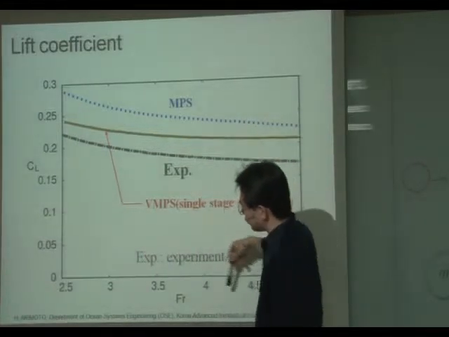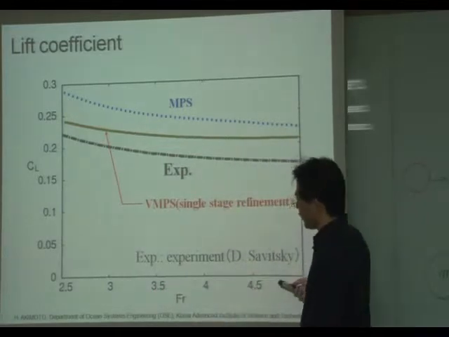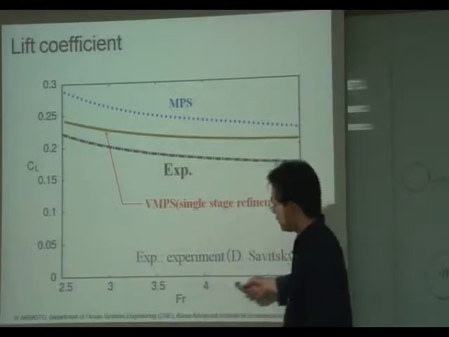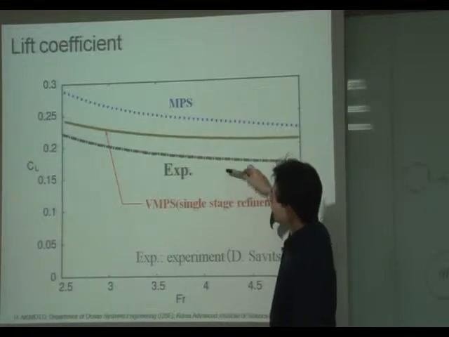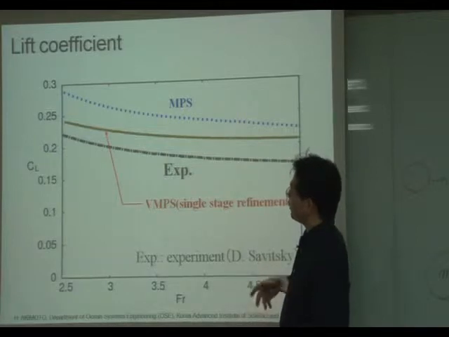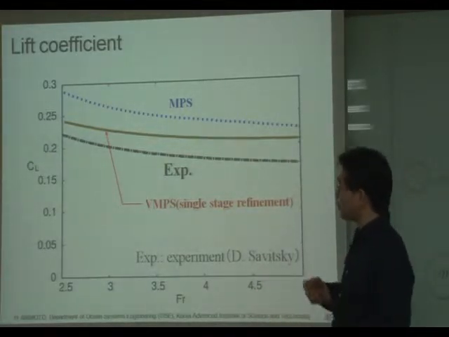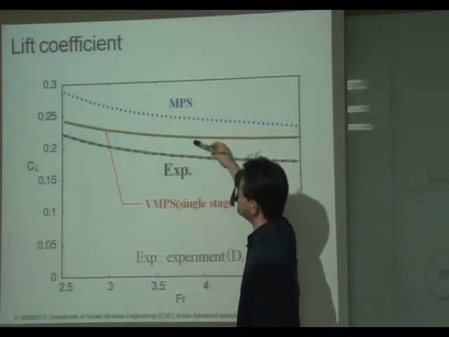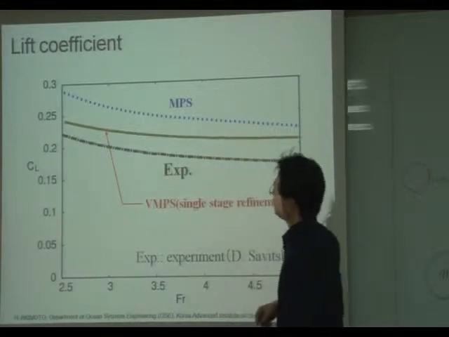The horizontal axis is the Froude number, so in this direction the speed of the ship is increased. So naturally, if we provide resolution control and higher spatial resolution around the body surface, the result will be close to the experimental one.